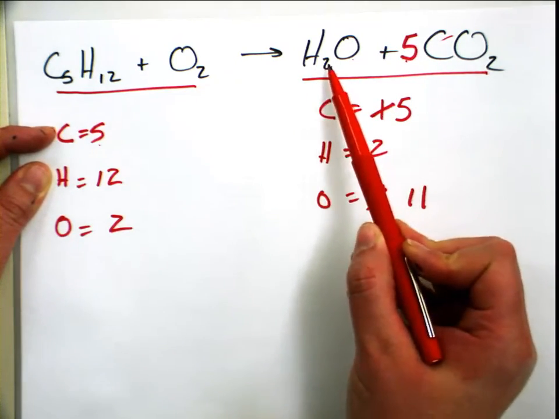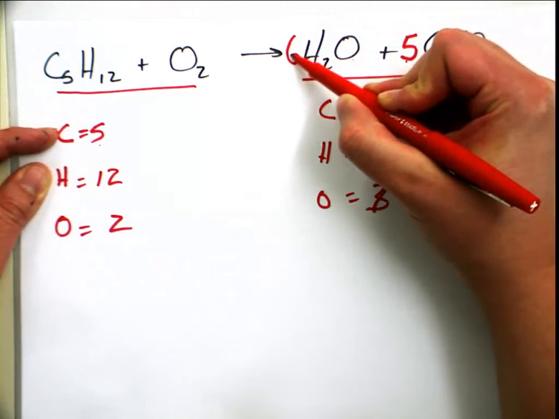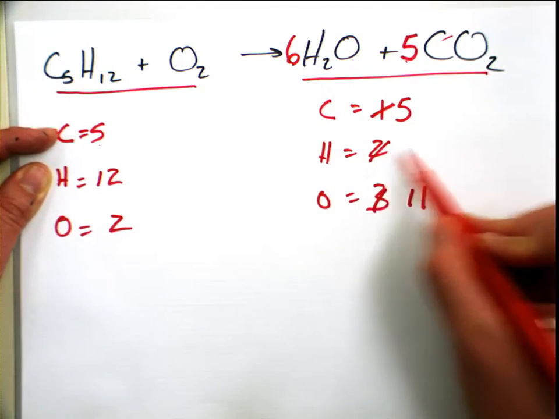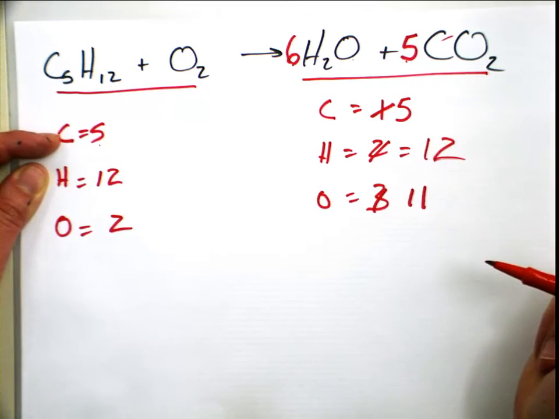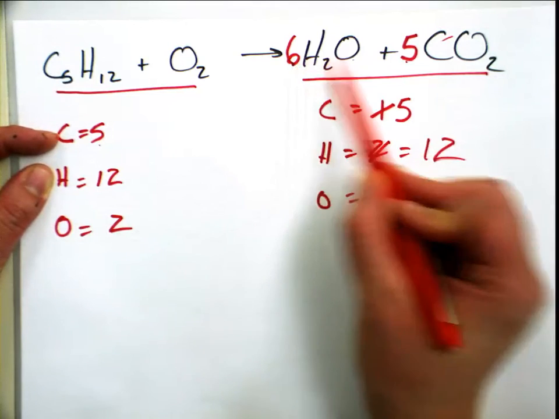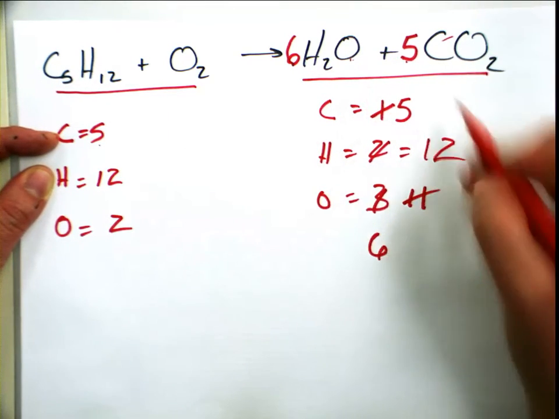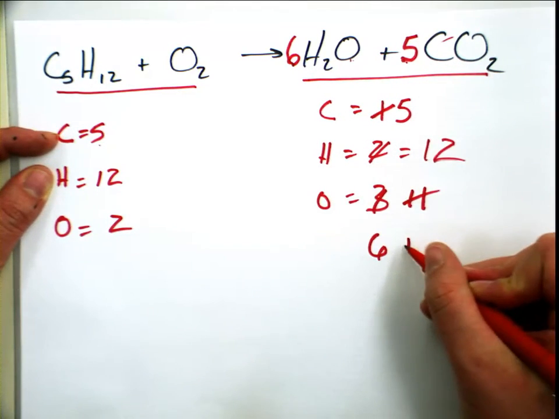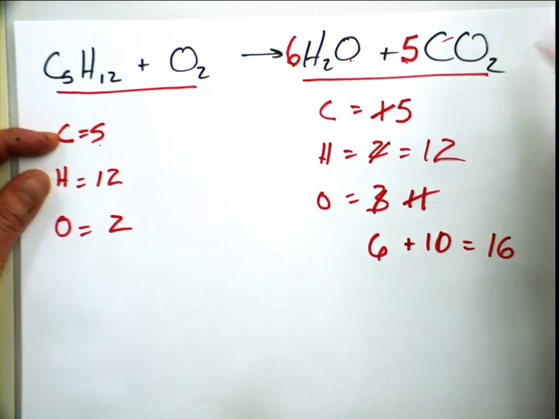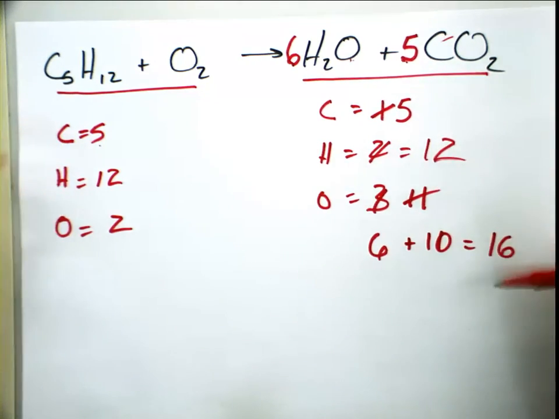We already have 2, so we have to add the coefficient 6, because 6 times 2 equals our 12 atoms of hydrogen. That also changes oxygen. We now have 6 times 1 plus 5 times 2, so 6 plus 10, which is 16 oxygen atoms.